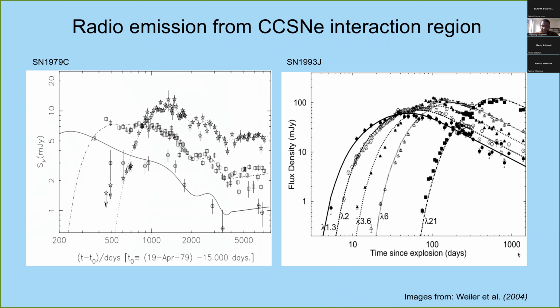And one of the few supernovae that show this is supernova 1993J, where you have short wavelength emissions coming out at earlier times in the expansion of the supernova interaction region, and then long wavelength emissions coming later when the shock is cooling and the entire expansion is cooling due to just free expansion.